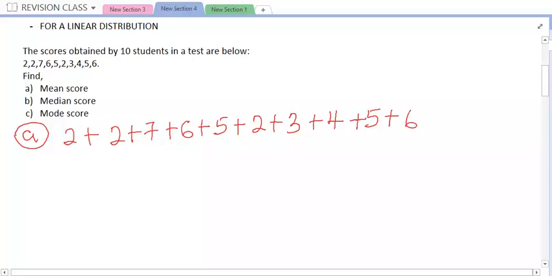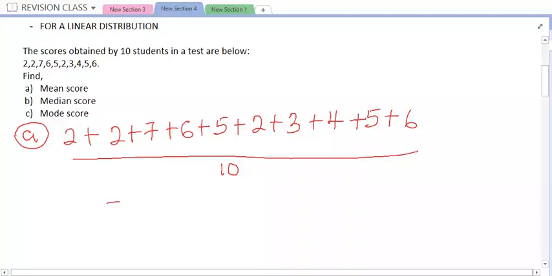You now divide it by the number of data that you have. How many data are here? 1, 2, 3, 4, 5, 6, 7, 8, 9, 10. So you divide it by 10, which is the number of data.